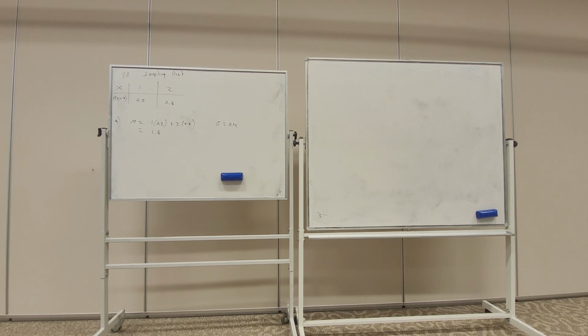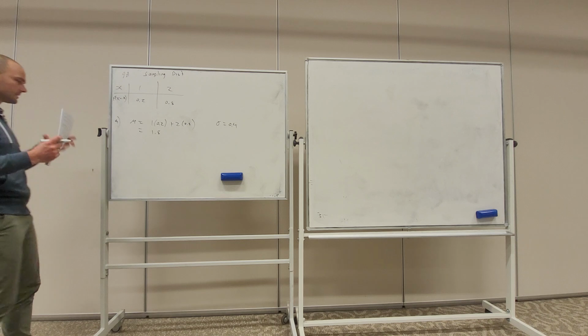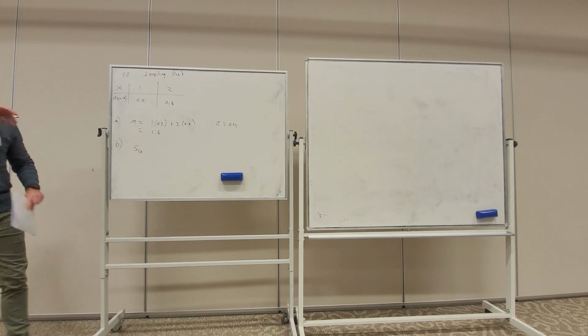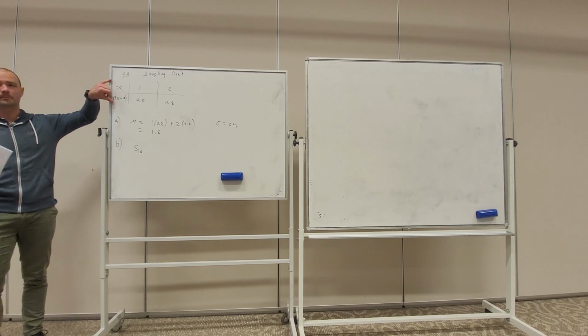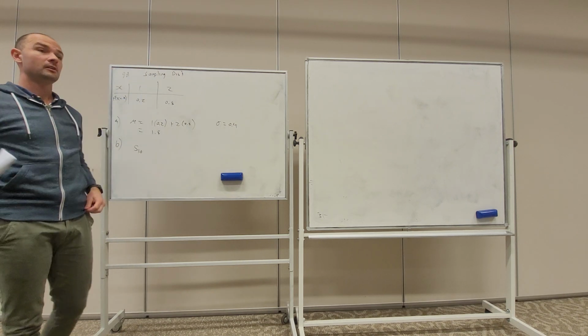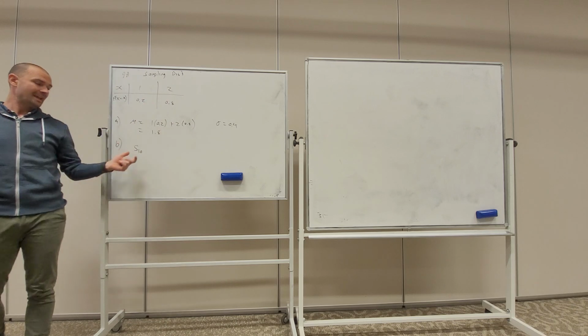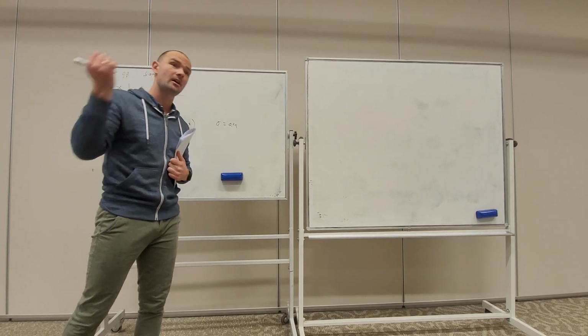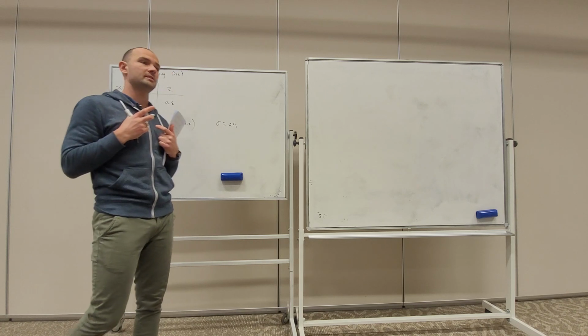Okay, so now let's take that and use it. Part B, state the meaning of S10. This is our variable x, and it's a probability experiment. You either get a 1 or a 2. S10 is the result you get when you perform the experiment 10 times and add all of the results together.